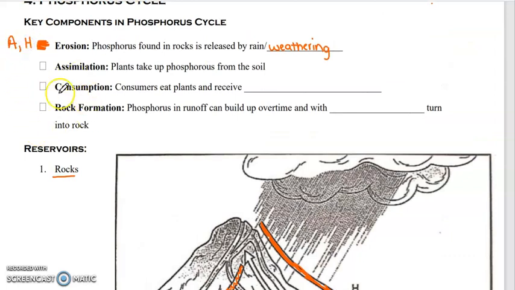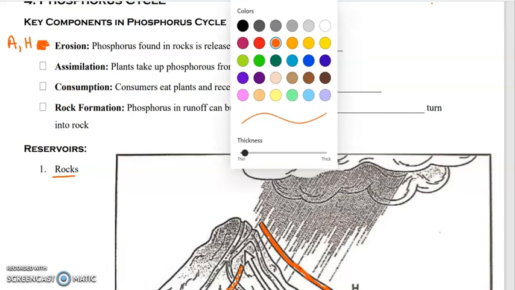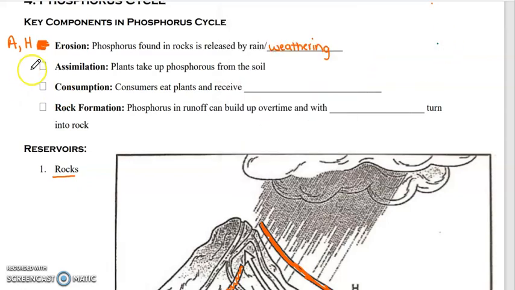All right, I added this one with our nitrogen cycle because we see a lot of repetition. Now that we've released the phosphorus, we need some way for plants to soak it up. And so we have the same term, assimilation again, with the same definition. This is how plants draw up nutrients. This time we're focusing on how they are taking up phosphorus from the soil.